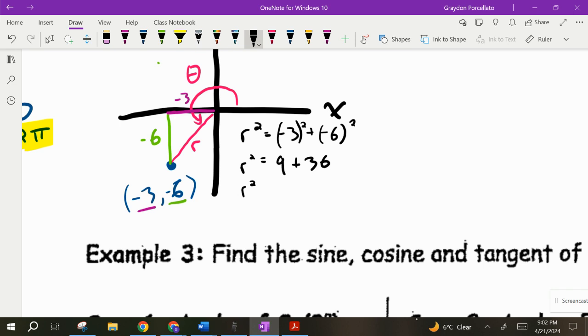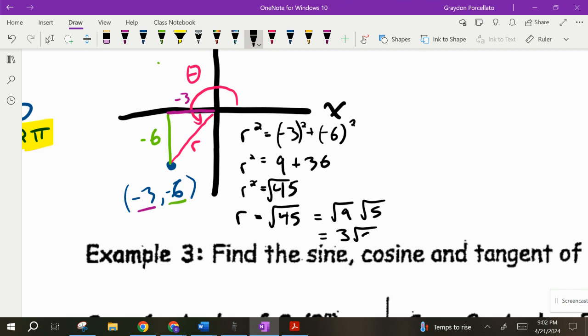If I continue, r squared equals 45, and so r is equal to the square root of 45. We can simplify that to root 9 root 5, which simplifies to 3 root 5. So we know our r value.